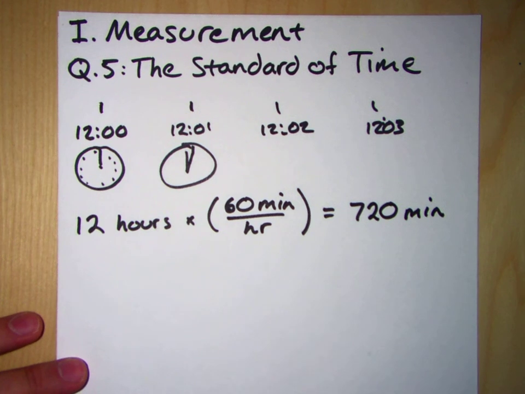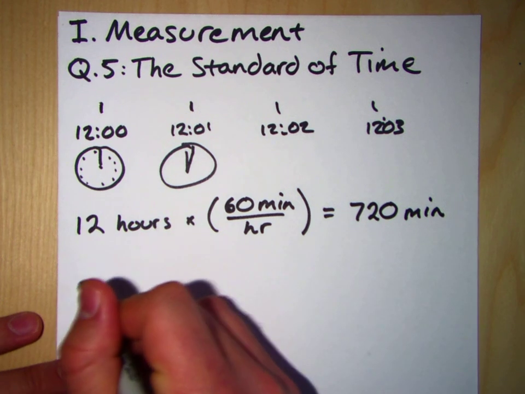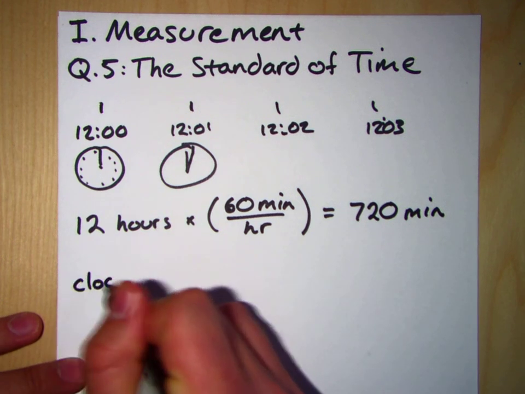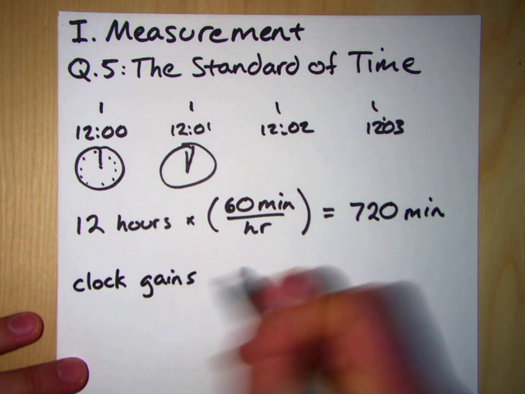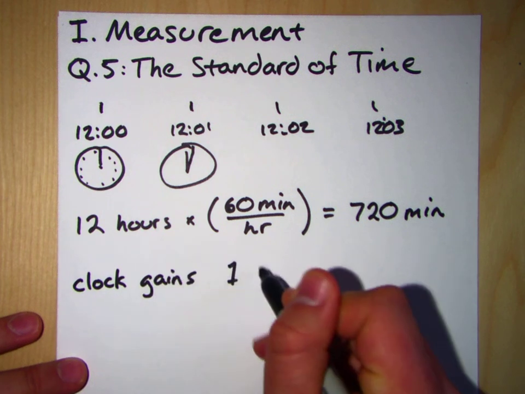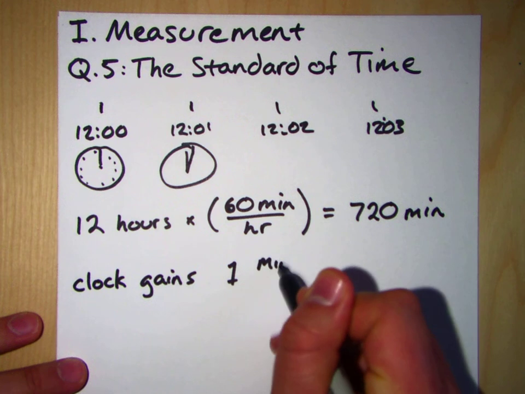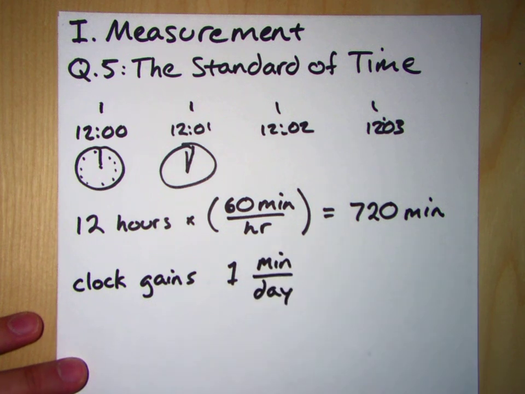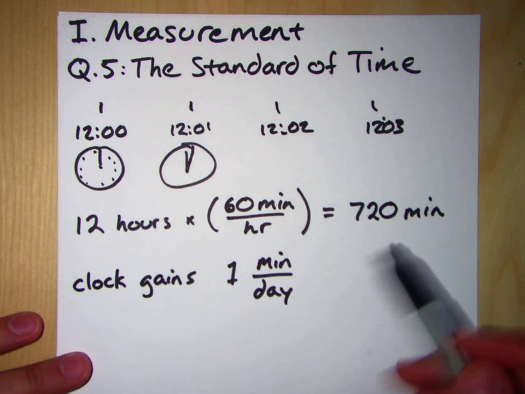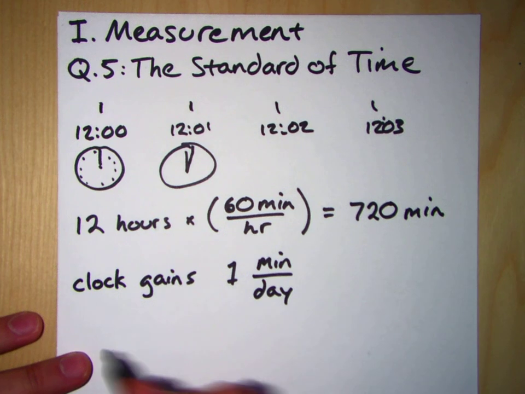So if the clock gains 1 minute per day, and we want to accumulate a total of 720 minutes, then we need to wait 720 days.